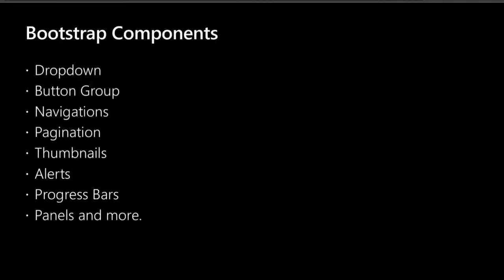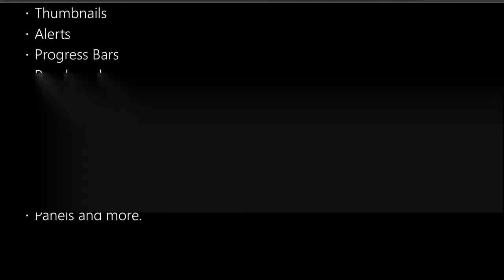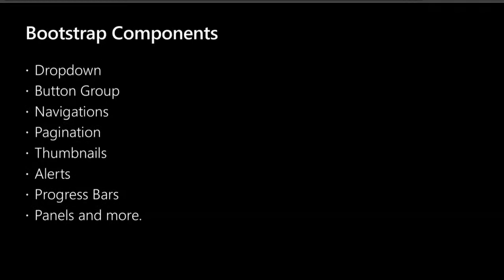Now, coming to Bootstrap components, we have some components that are drop down, button group, navigations, pagination, thumbnails, alerts, progress bars, panels, and a lot more. We will explore them in the Bootstrap page further.